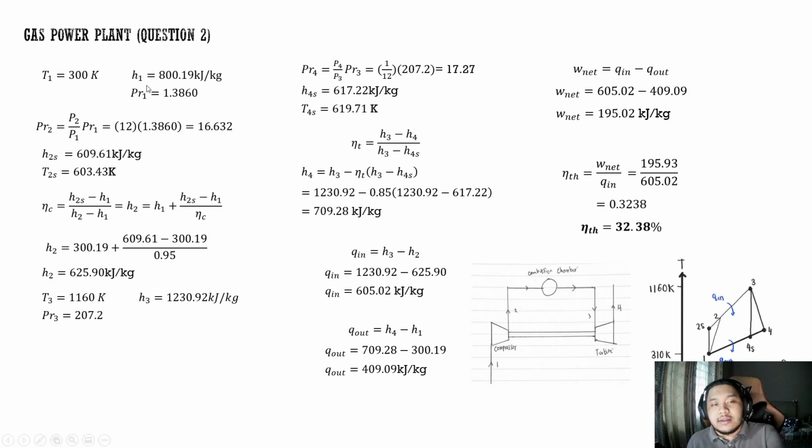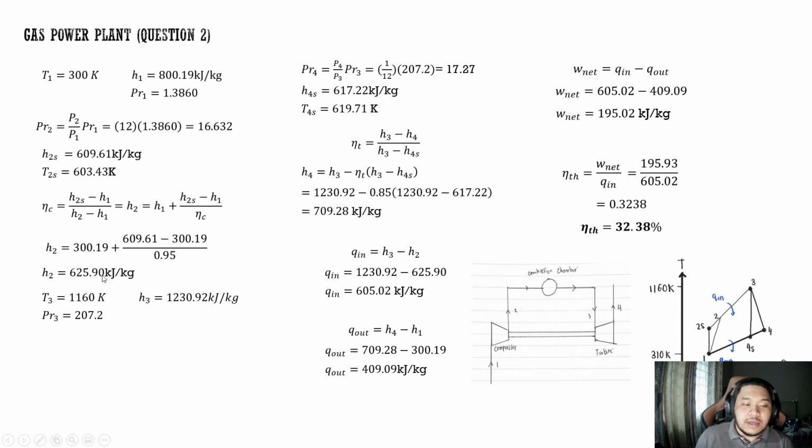We can get the enthalpy and relative pressure by referring to the table, and then we can calculate the relative pressure at state 2, which is P2 over P1 times the relative pressure at state 1. Then from the table we can get the enthalpy at state 2S and the temperature at state 2S. After that, we can calculate the enthalpy at state 2 using the formula H1 plus (H2S minus H1) over the isentropic efficiency of our compressor.